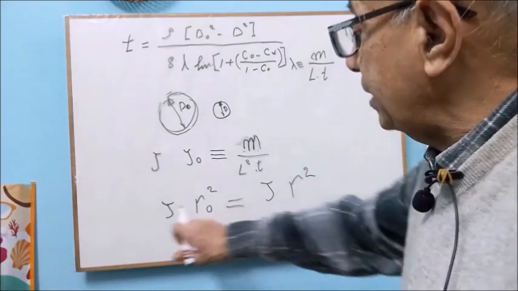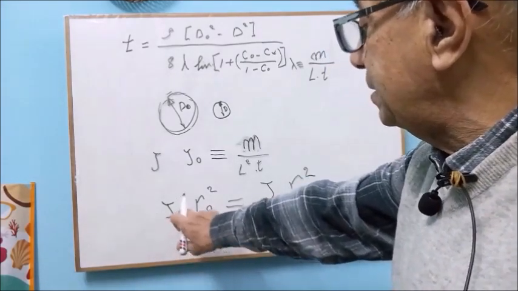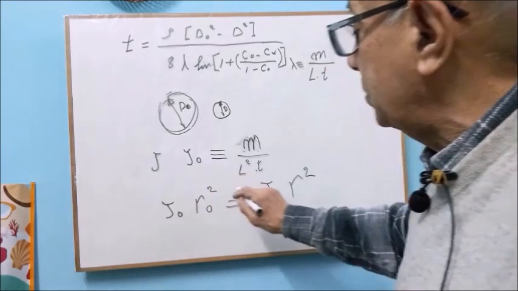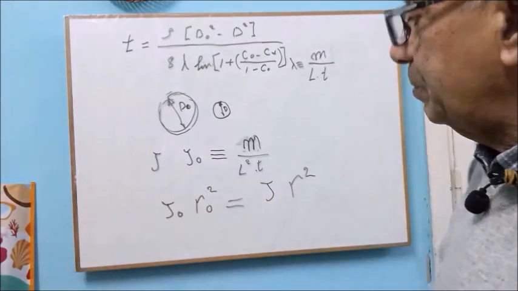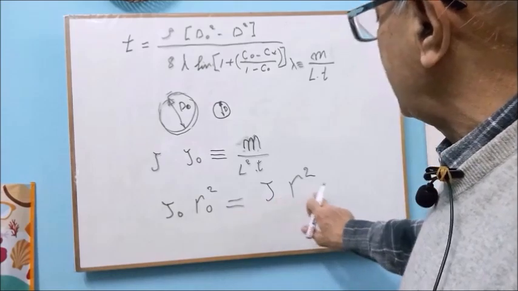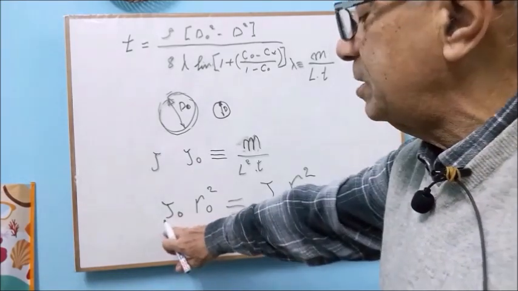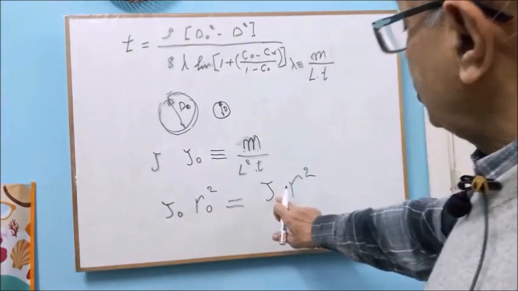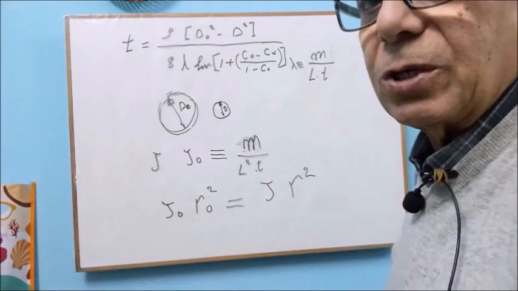Actually this is J times area, J times 4 pi r squared, the surface area of a sphere, but the 4 pi cancels with 4 pi. Or we can say J1 R1 at different stages, not necessarily starting with the original state: J1 R1 squared equals J2 R2 squared.